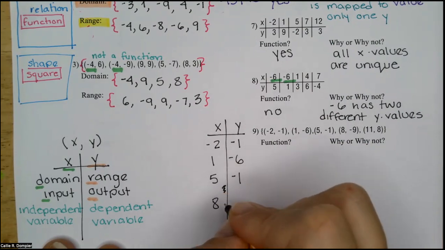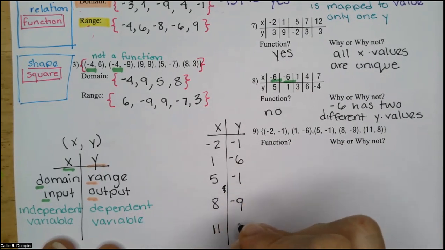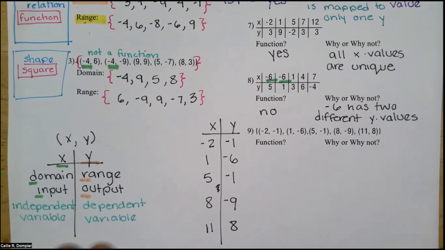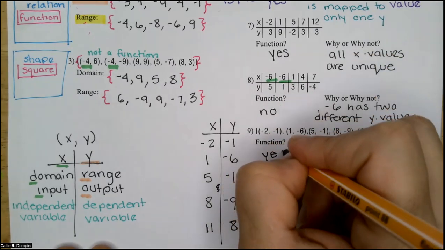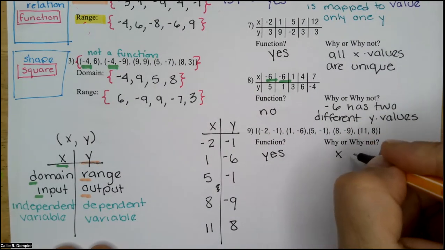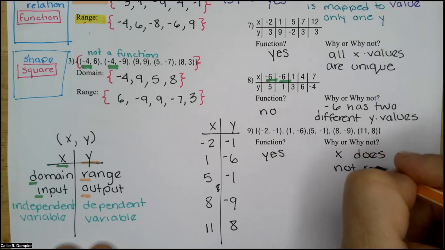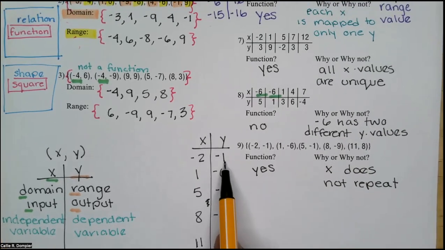My domain is 8. My range is -9. My domain is 11. My range is 8. Good? Let's just look at that again. -2, 1, 5, 8, 11. Function yes. Why? X does not repeat. It's okay that y repeats.